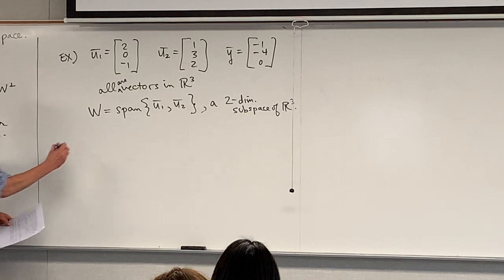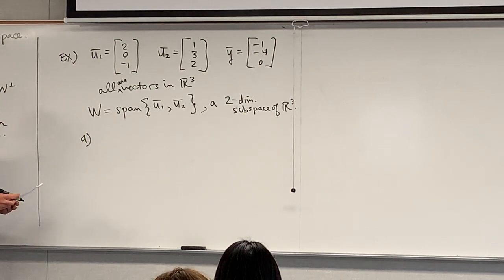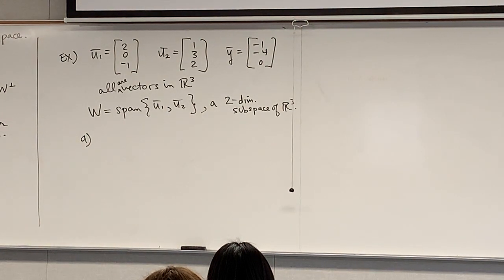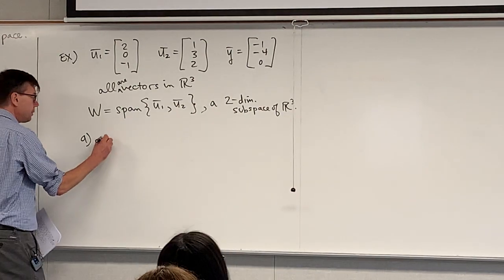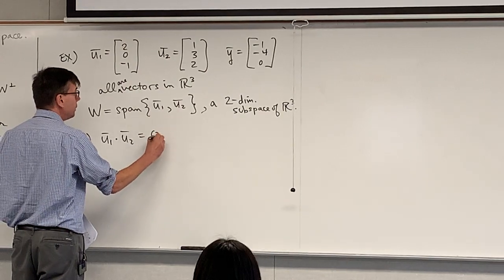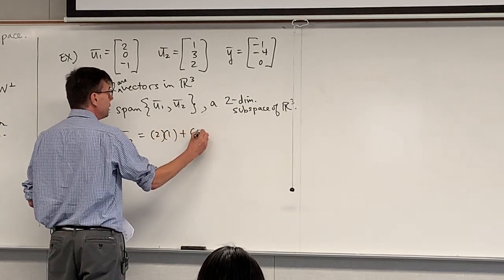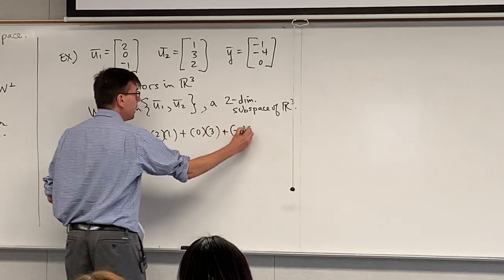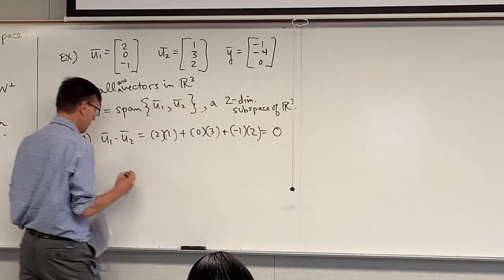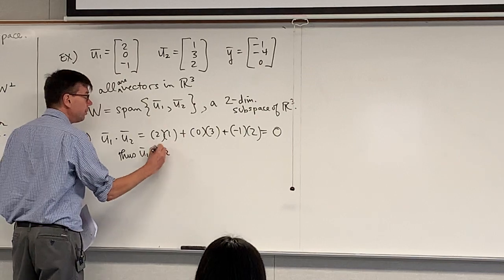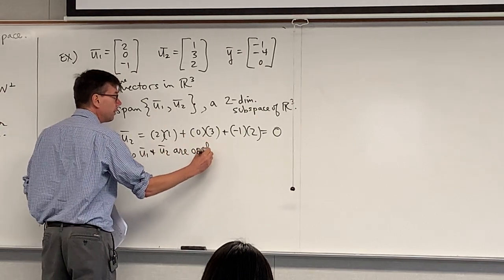And so step A, verify that u1 and u2 are orthogonal. How do we do that? Dot product. Yep. All we got to do is u1 dot u2, which is 2 times 1 plus 0 times 3 plus negative 1 times 2. And I hope that's 0. Thus, u1 and u2 are orthogonal.